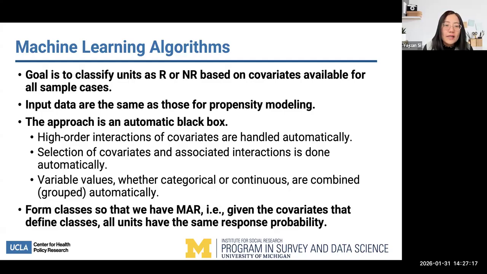So then after we get the predicted values using the machine learning algorithms, we can similarly construct weighting classes so that within each weighting cell, the units have the same response probability given the covariates that define the weighting cells or classes.